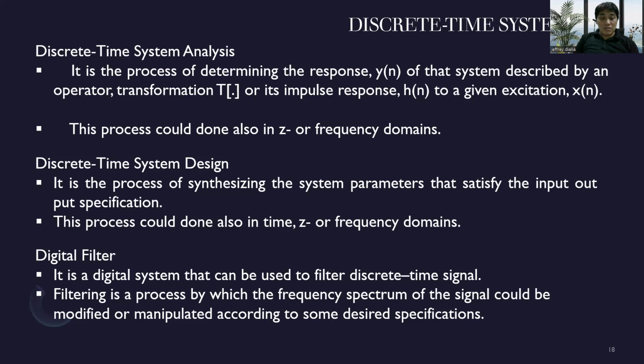This process could be done also in time, Z, or frequency domains. For the discrete time system design, it is the process of synthesizing the system parameters that satisfy the input output specification. This process could be done also in time, Z, or frequency domains.